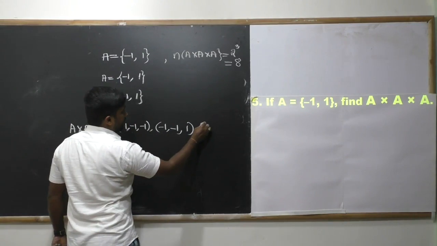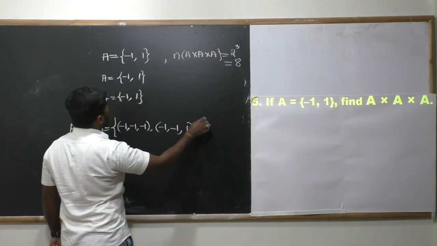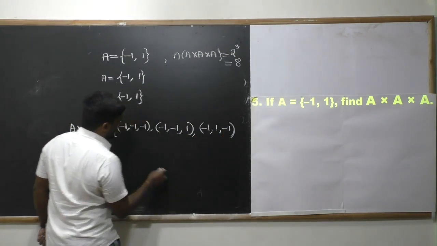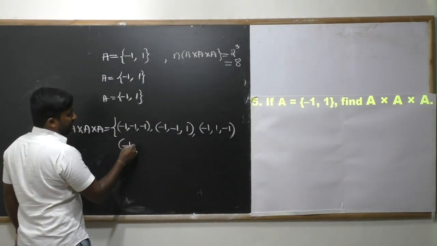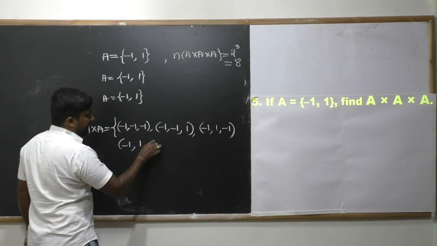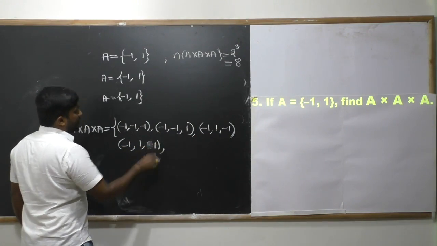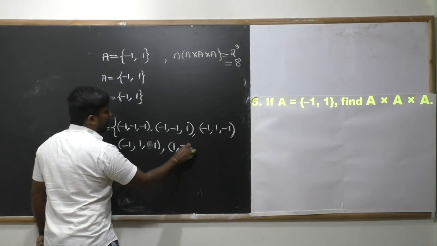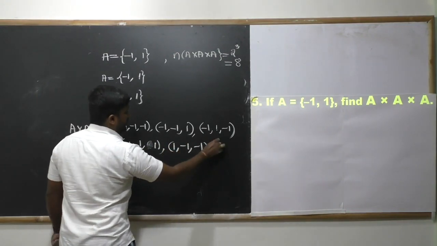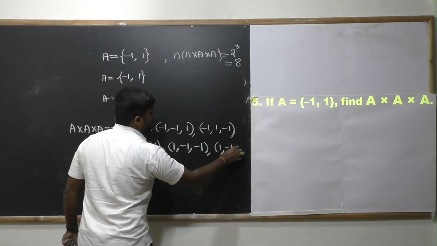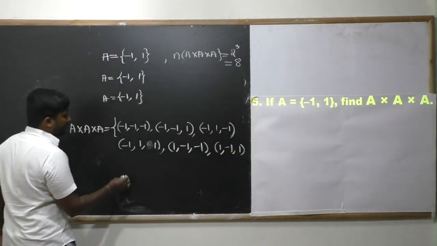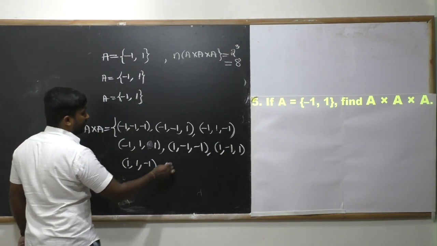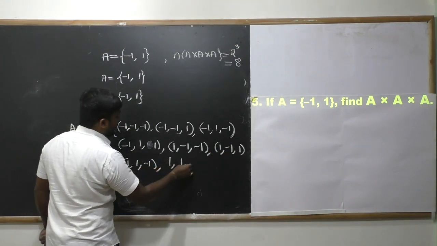Next, (minus 1, plus 1, minus 1), (minus 1, plus 1, plus 1). Correct, right? Next, similarly, (1, minus 1, minus 1), (1, minus 1, plus 1). Next, (1, 1, minus 1), (1, 1, 1).